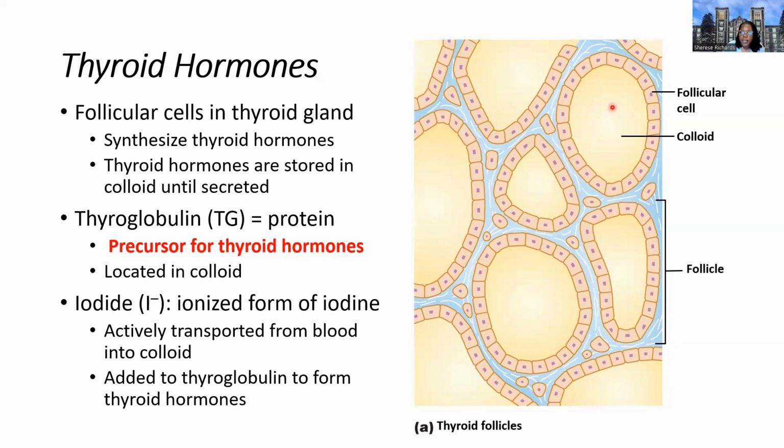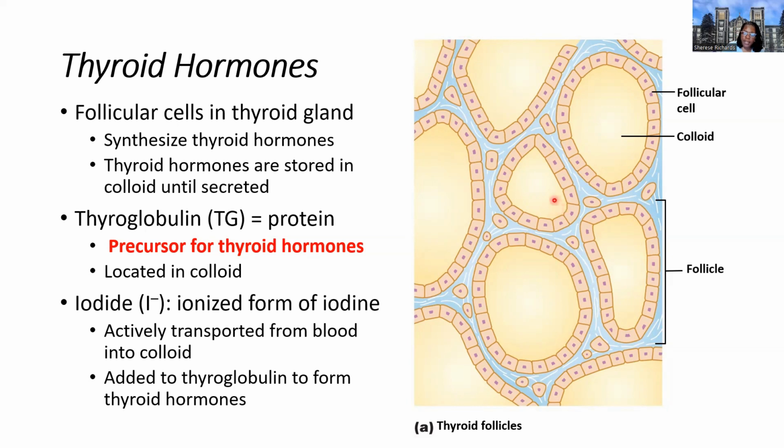Now, what is in this colloid? This is made of thyroglobulin. Thyroglobulin is really a protein, but it's also a precursor that the follicular cells can take and turn into thyroid hormone. It's really a raw material that the follicular cells can utilize in order to make the thyroid hormone. We also want to think about the role of iodide, which is the ionized form of iodine that we take in our diet, and that is actively transported from the blood into the colloid.